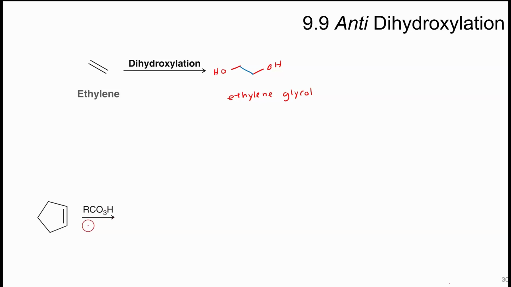If we add peroxy acid across a double bond, we first form an epoxide.